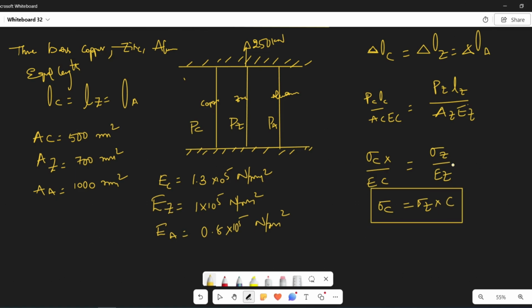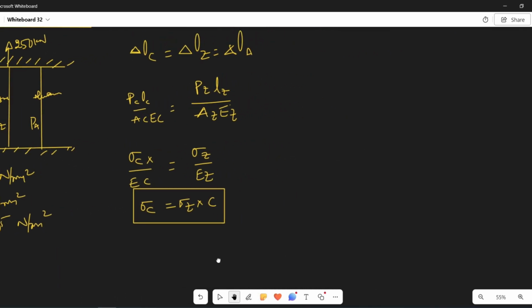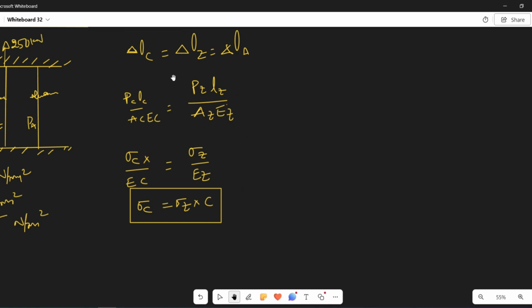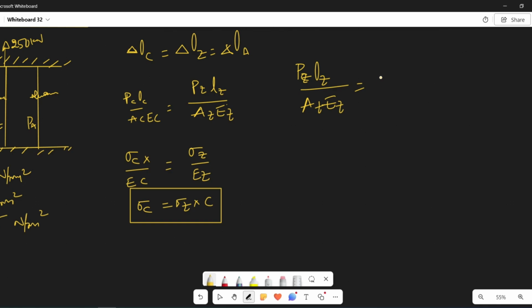I will explain it. Similar to that, we take the relation between sigma C and sigma Z, with L_Z and A_Z, the load on aluminum by length.